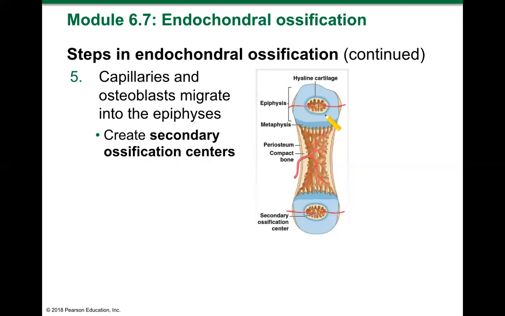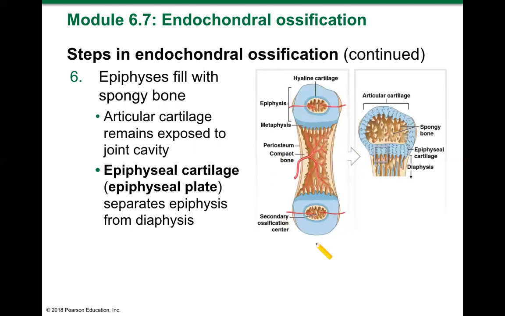Now we know cartilage is not well vascularized and bone is. So this is the point at which those capillaries start to come in and create these secondary ossification centers, which are at the tips, at the epiphyses. Oh, metaphysis is the middle. Think middle between the epiphysis and diaphysis. You don't want to say that too fast.